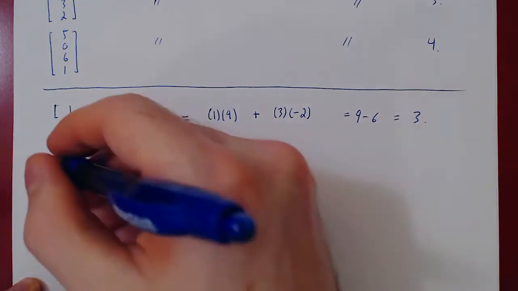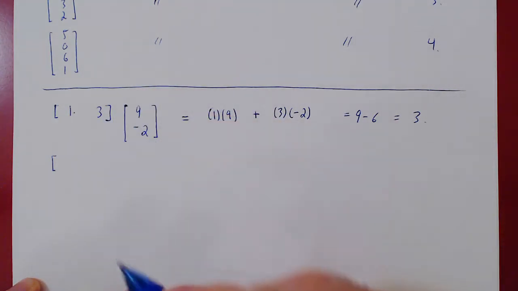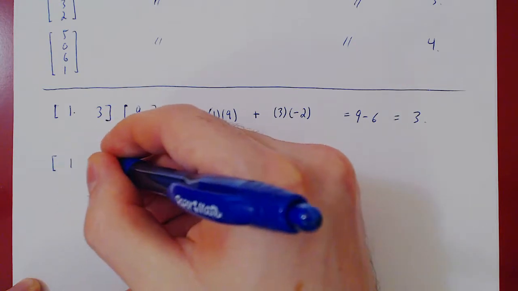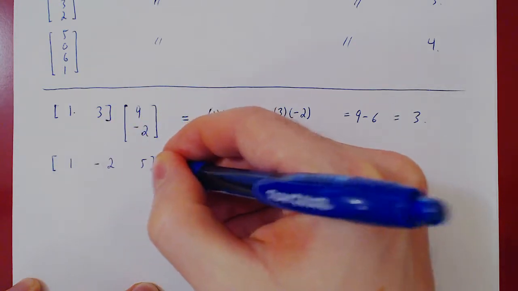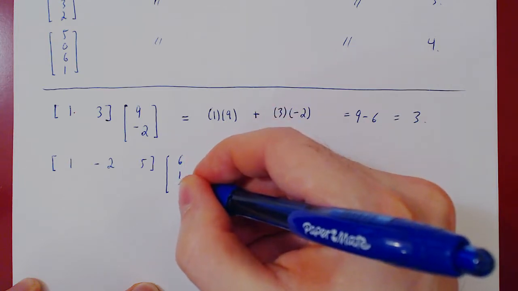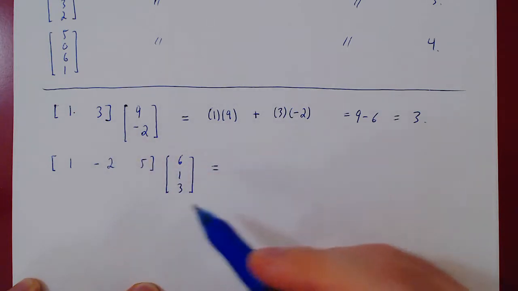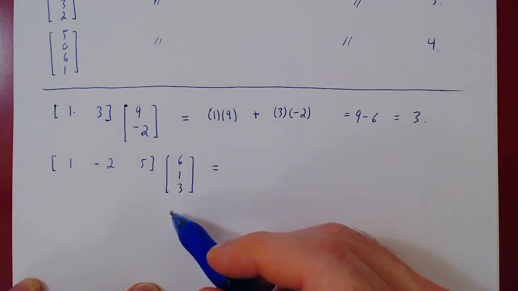Let's look at another example. What if we have a row matrix of length 3 and a column matrix of length 3? Say 1, negative 2, 5 times 6, 1, 3. Well, once again, we'll do the same thing. We will multiply corresponding entries and add them up.